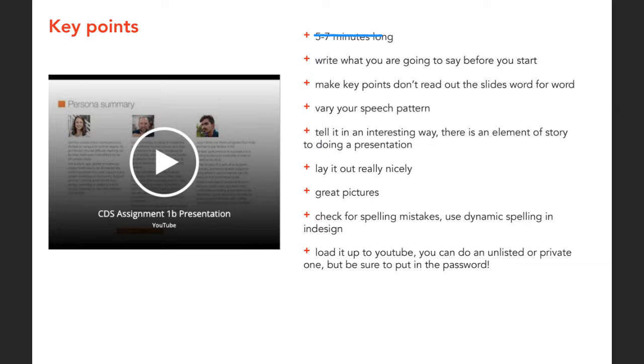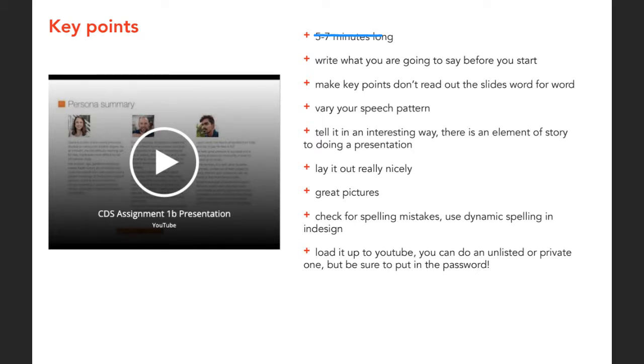Lay it out nicely as well, and use really great pictures. Make sure you check for spelling mistakes. Dynamic spelling is something I'm always reminding people about in InDesign. It's not foolproof, but it can be really helpful. I've seen a lot of spelling mistakes over the years, so it's really something to pay attention to.